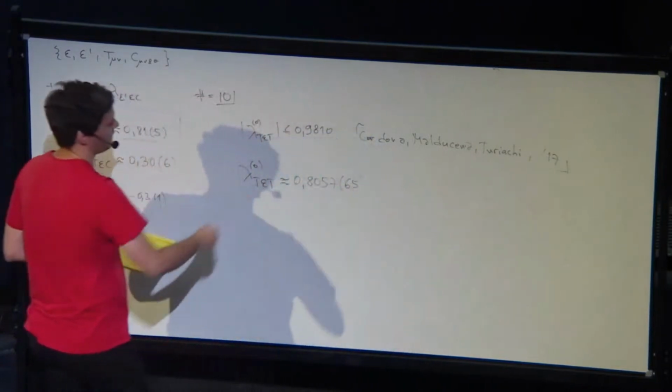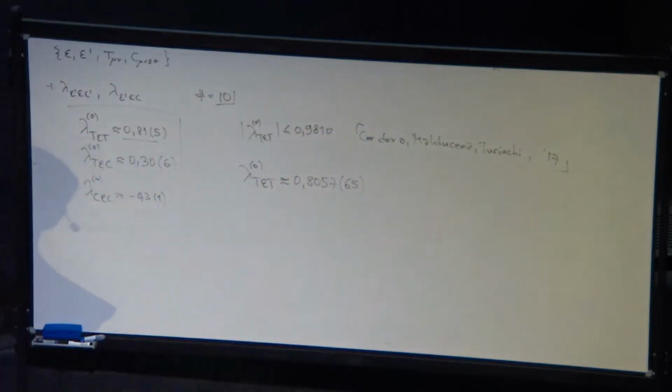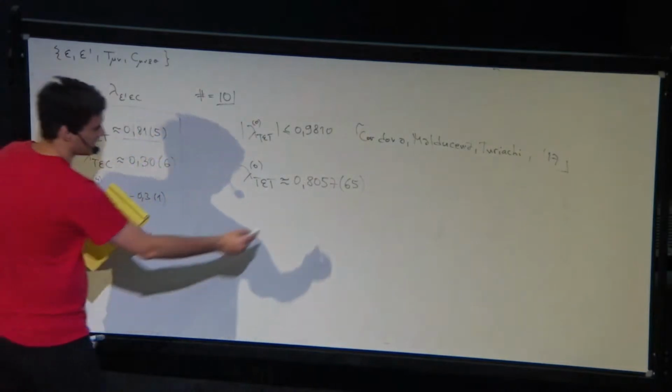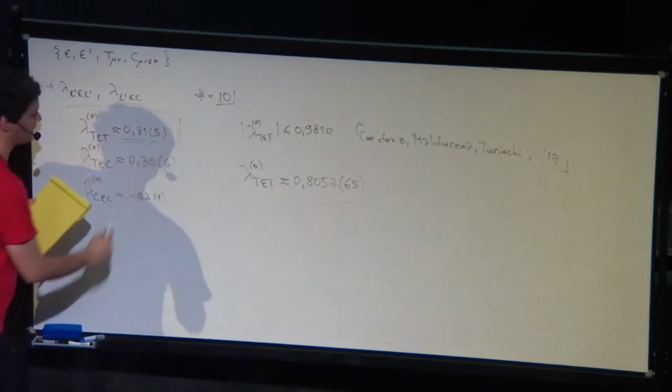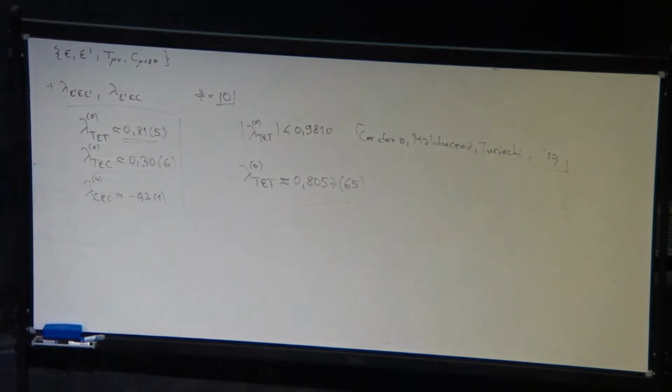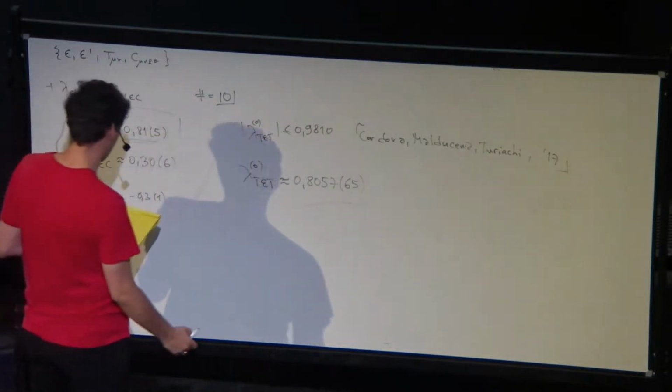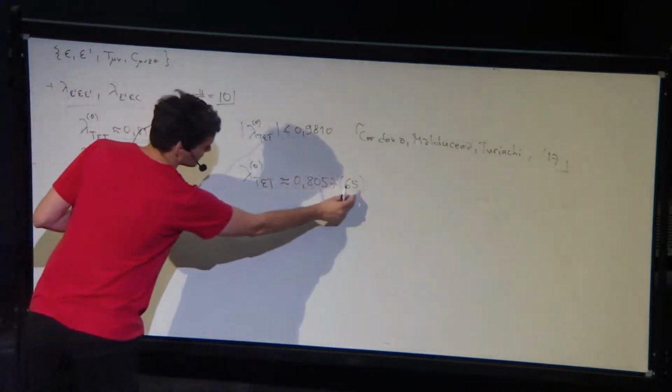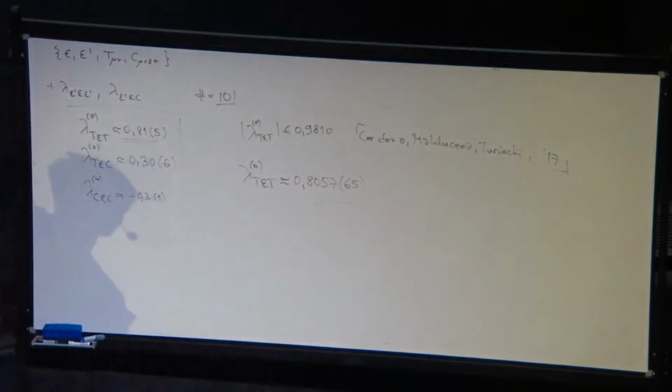I guess we'll hear more about this in the third week, but it seems like these two numbers agree quite well, with the only caveat that their error bar is much smaller than ours. So that's pretty much all I had to tell you.